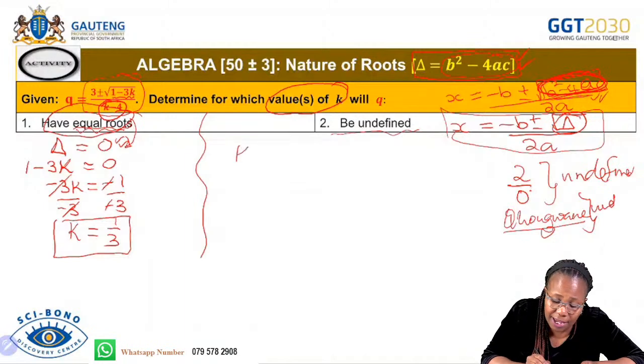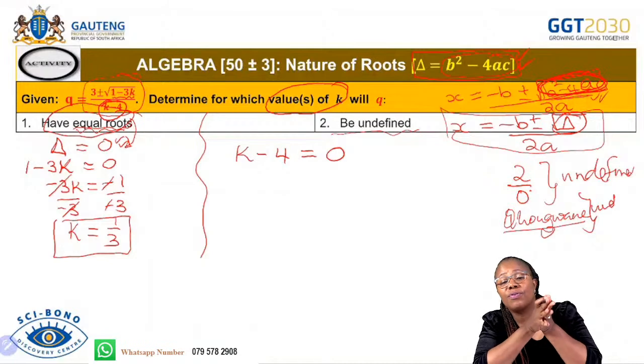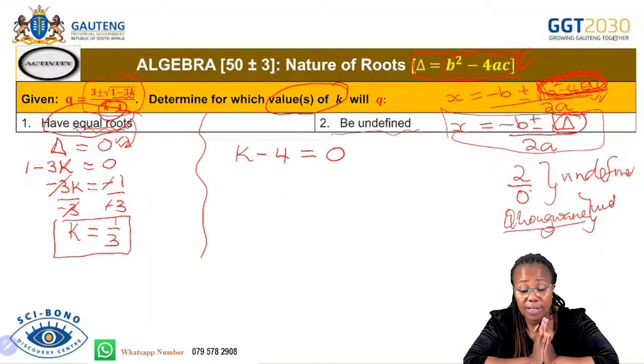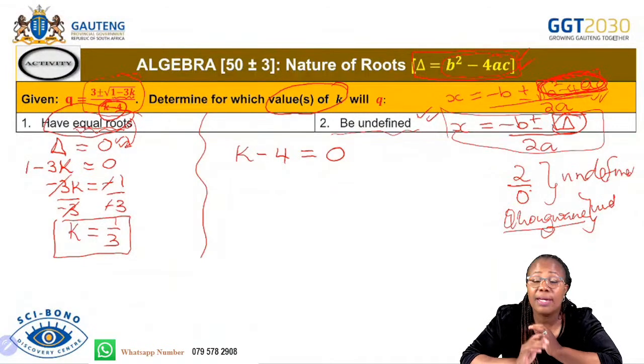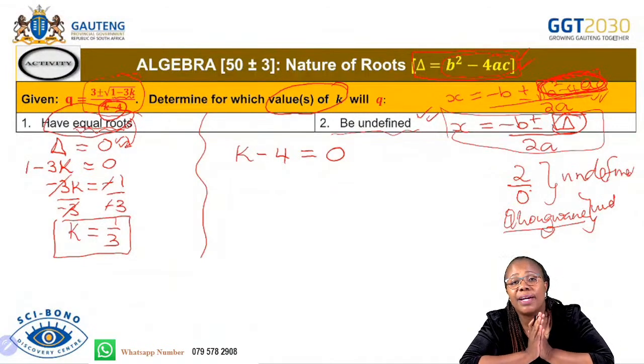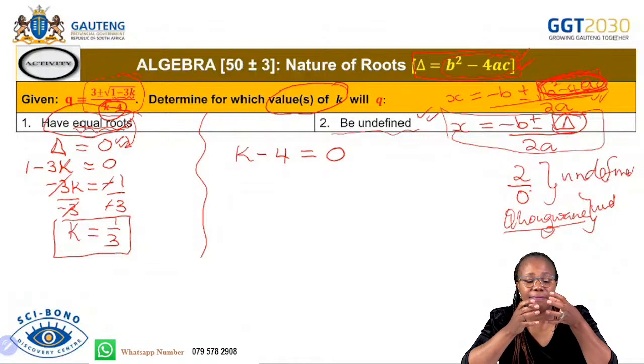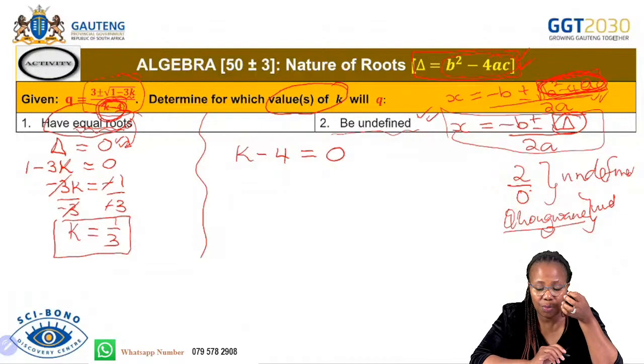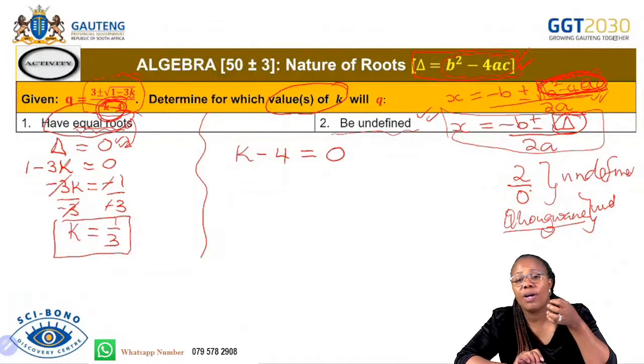That means if k minus 4 is equal to 0, then this equation is undefined. It will only be undefined if this denominator is 0.